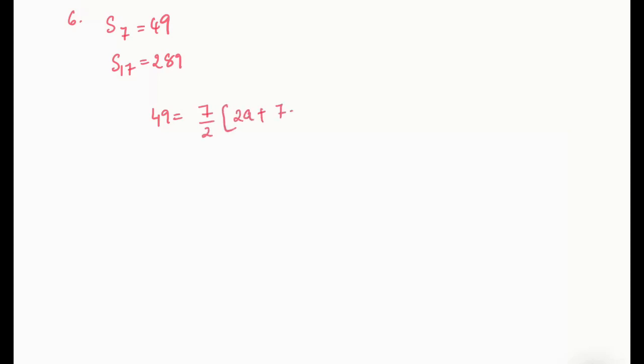What is given in the sixth question? Question number 6. Find the sum of first n terms of an AP. The sum of first 7 terms, that is S7, is equal to 49, and the sum of 17 terms, S17, is equal to 289. So S7 is 49 means you get 49 equals 7 by 2 into 2a plus 7 minus 1 into d, right?